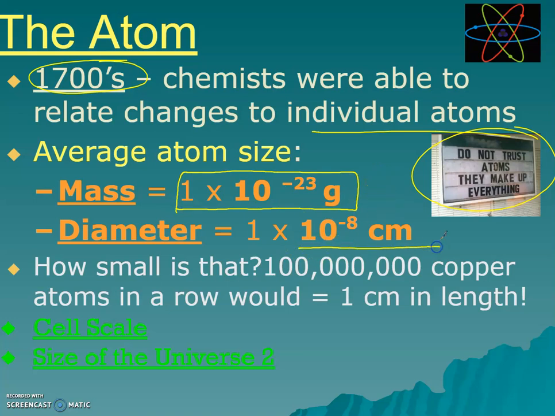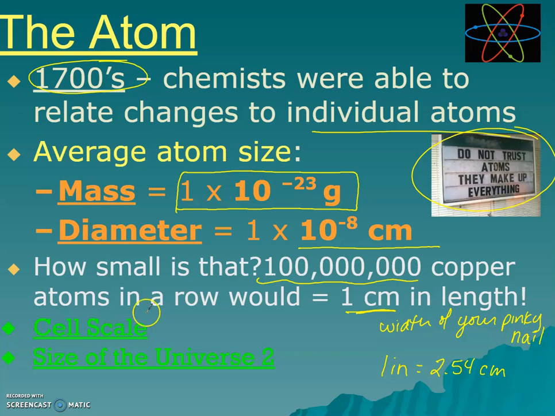The diameter is 1 times 10 to the negative 8th centimeters, which is also hard to conceptualize. That means 100 million copper atoms in a row would be 1 centimeter, which is basically the width of your pinky nail. That's a lot, and copper is a pretty big atom. One inch is equal to 2.54 centimeters, so a centimeter is really, really small.